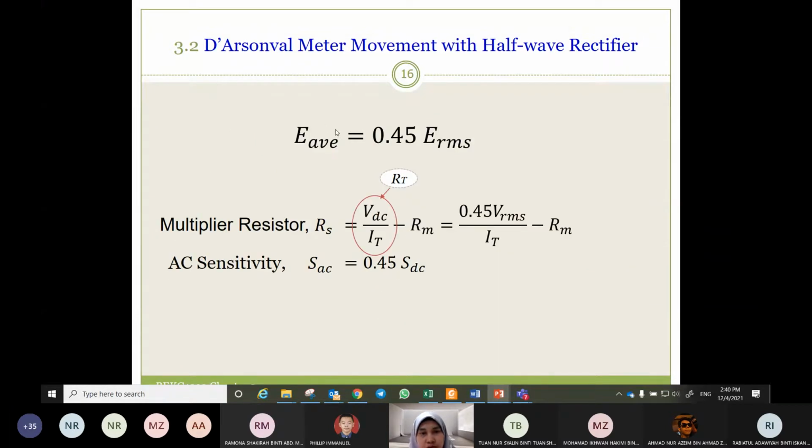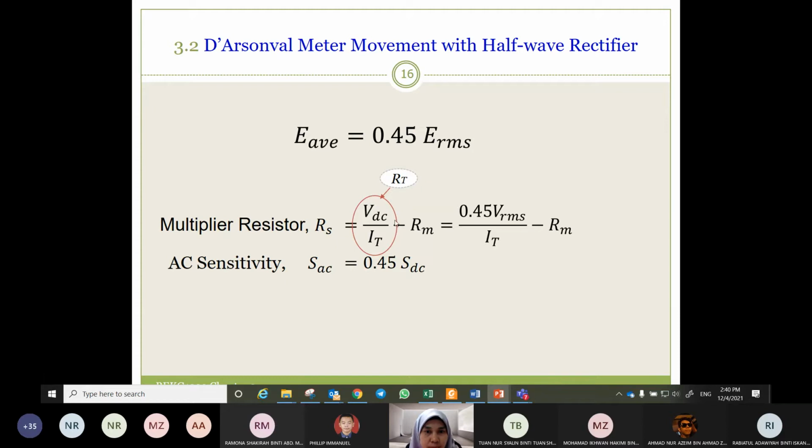So the average voltage that is read by the PMMC is equal to 0.45 Vrms. Let's say Vrms is equal to 10, but the PMMC meter will only read 4.5. This is the formula for RS.